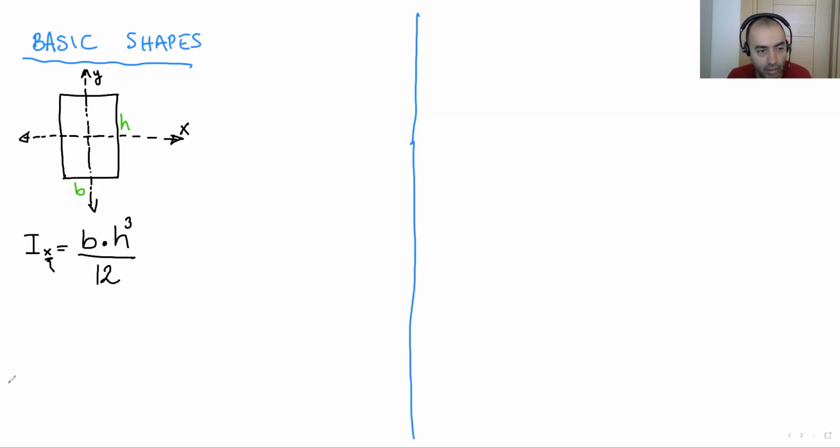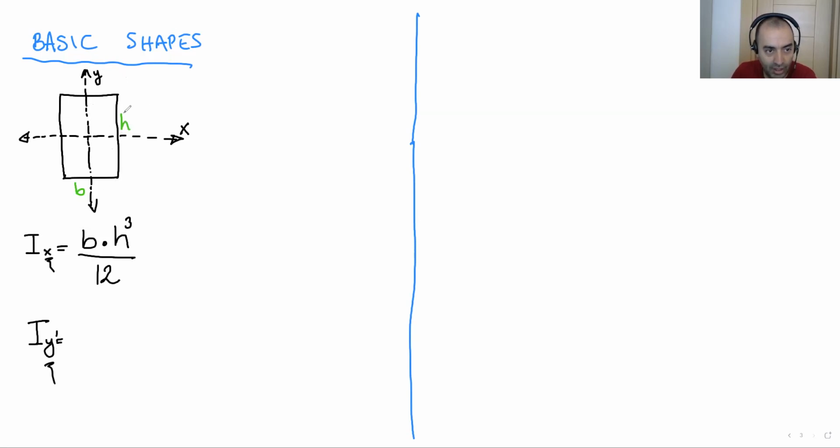If you do this for the y-axis, Iy, let's use the same rule. Take into account first the edge dimension which is parallel to the axis. We are dealing with the y-axis. Y is here.